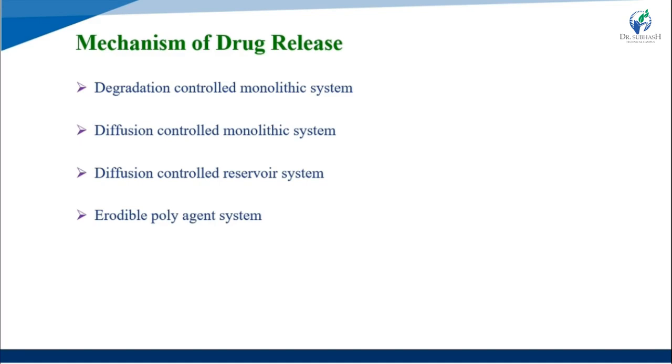These four are the mechanisms of drug release from the microsphere. First is the degradation controlled monolithic system, second the diffusion controlled monolithic system, third the diffusion controlled reservoir system, and then the erodible poly agent system. So this is the mechanism of drug release.